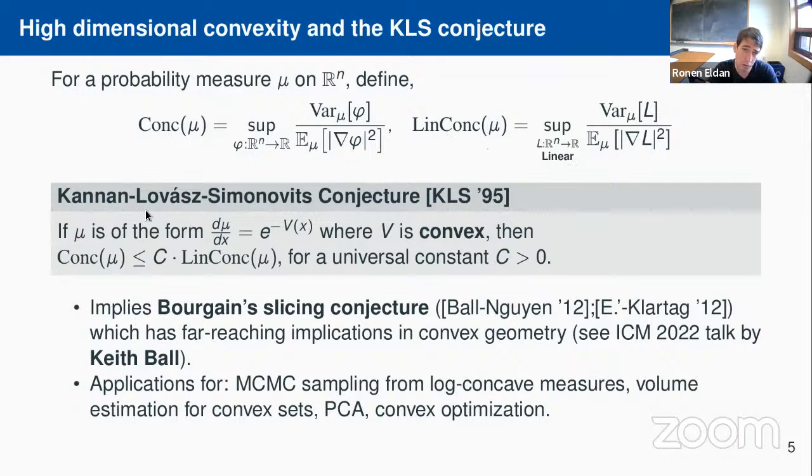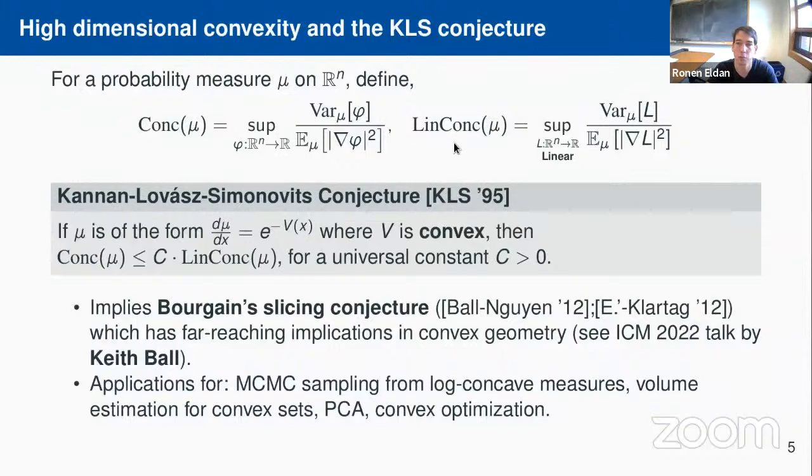So what the conjecture says is, if we have a log-concave measure, just a measure with a convex potential, then the concentration, up to a constant which does not depend on the dimension, will be bounded by the linear concentration. Now, if this is true, it says that the concentration coefficient is dictated by the behavior of a one-dimensional object.